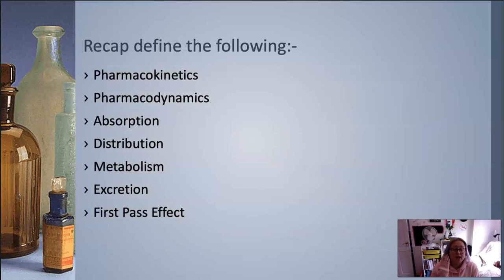So linking into our tasks for this afternoon, I'm going to pop the tasks on Blackboard, on the OneNote page, on Teams. I would like you to recap by defining the following: what is pharmacokinetics, what is pharmacodynamics, what is absorption, distribution, metabolism, excretion and the first pass effect.